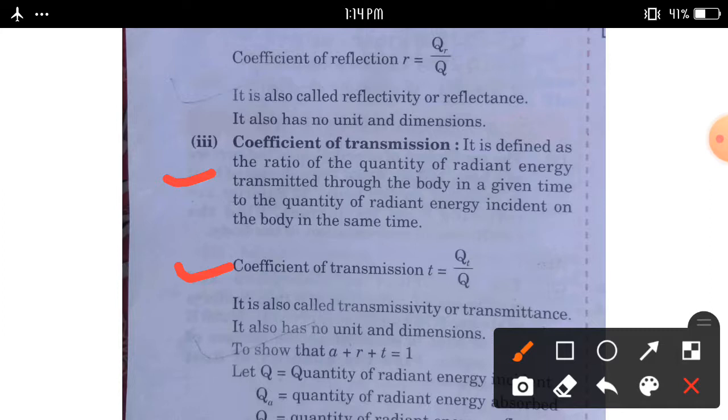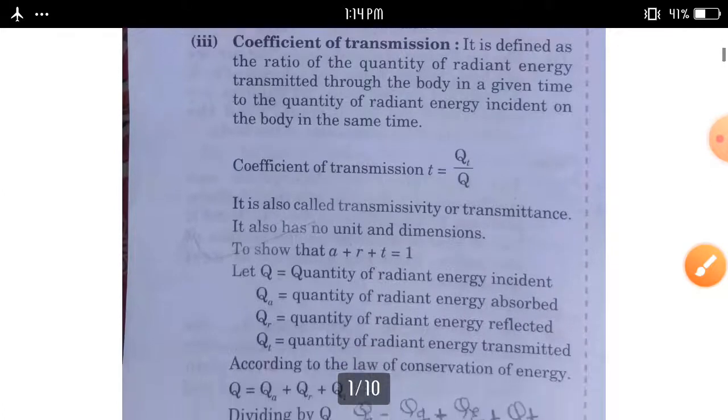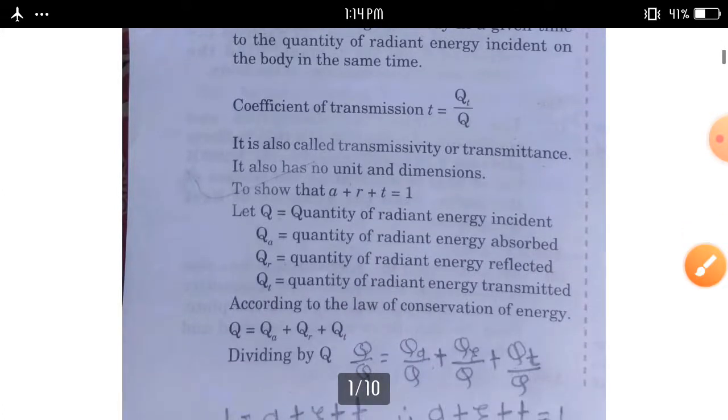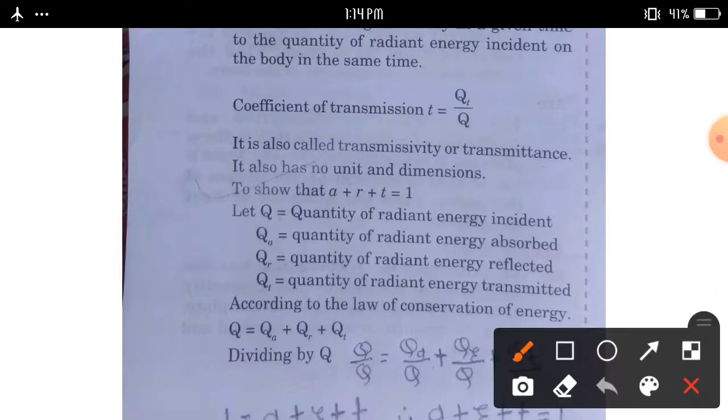Here we show that a plus r plus t is equal to 1. Right, we can prove it here.